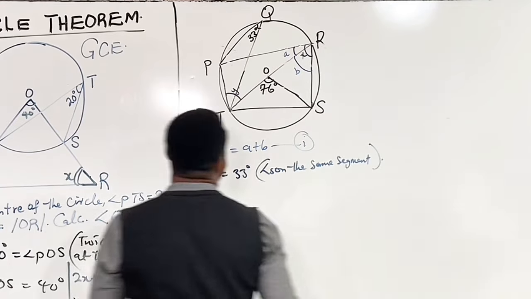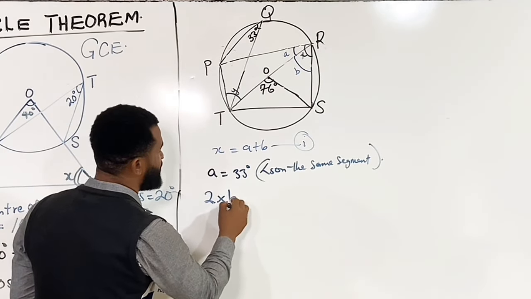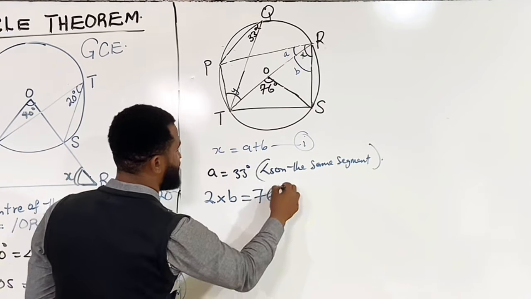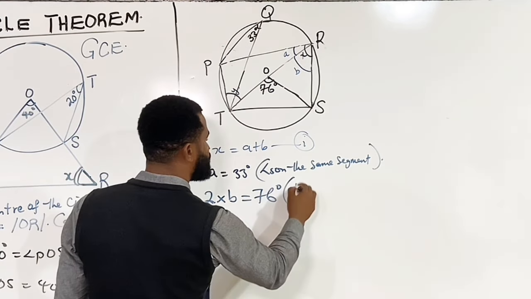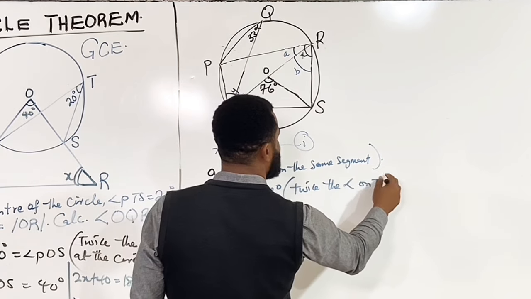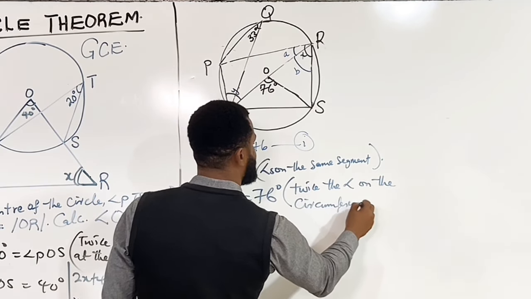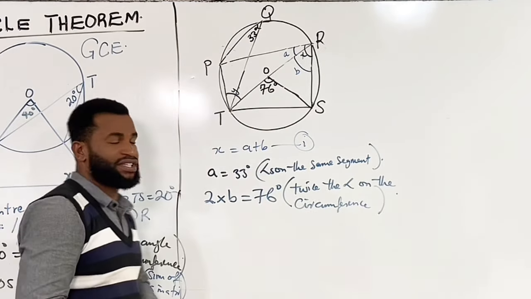So I'm going to say that 2 times B is equal to 76 degrees. Why? Twice the angle on the circumference equals angle at the center.